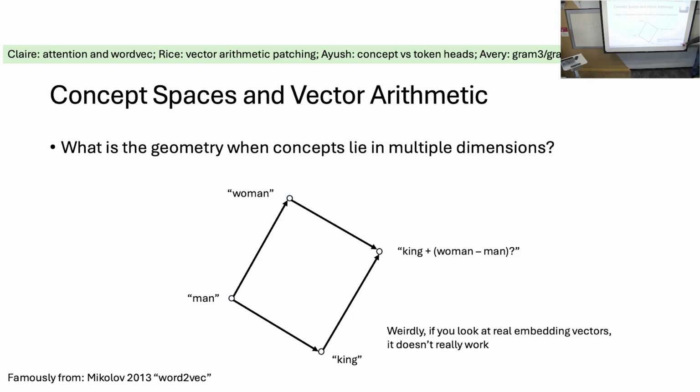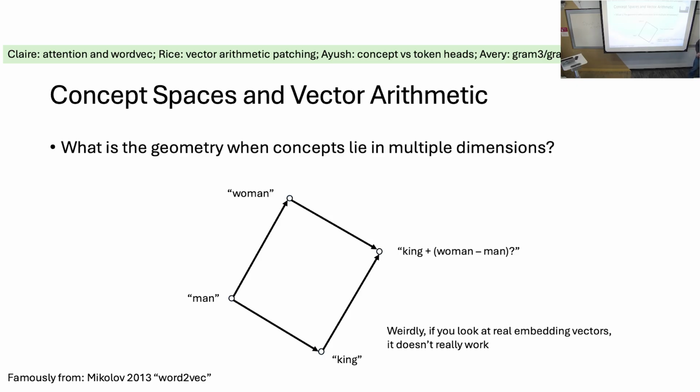Queen might be in the neighborhood, but it's really far. You might be closer to some other encoding of like Idaho or something. So the paper eventually gets to talking about what's going on here.